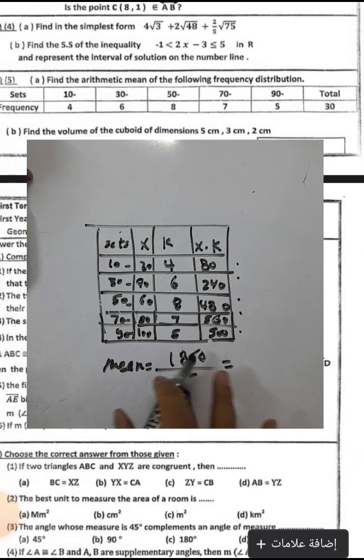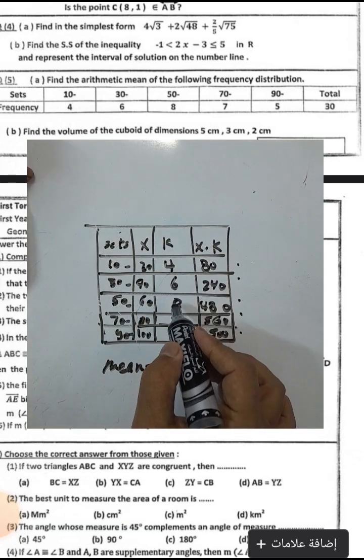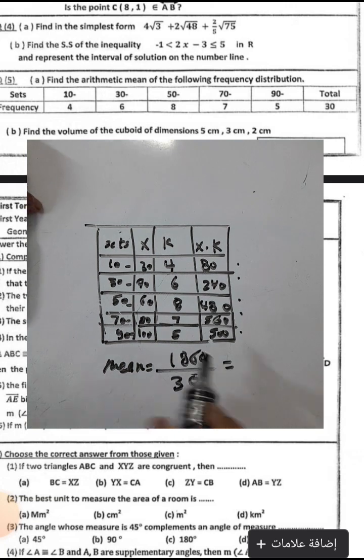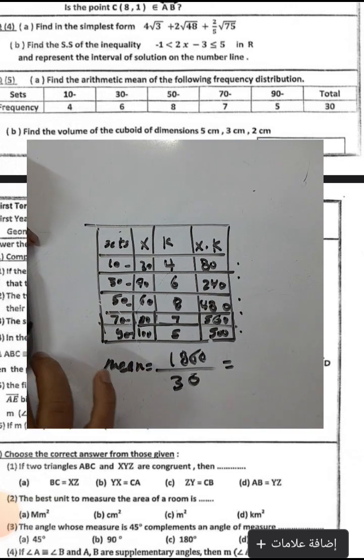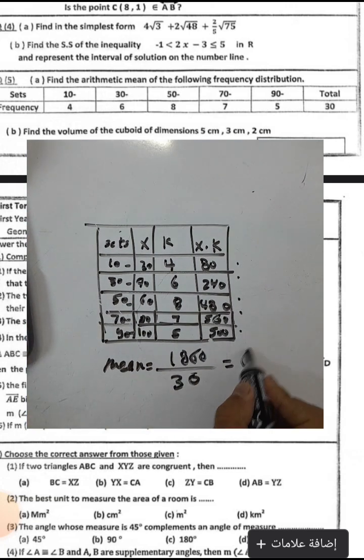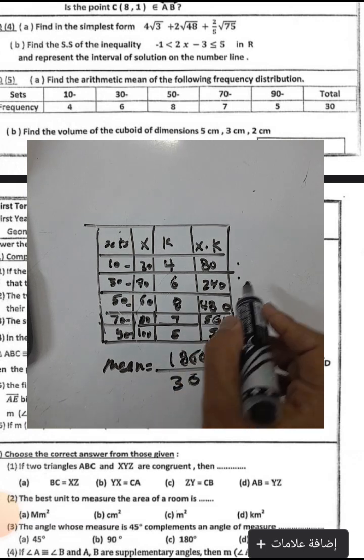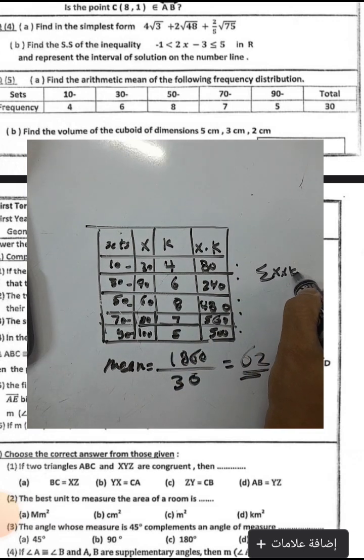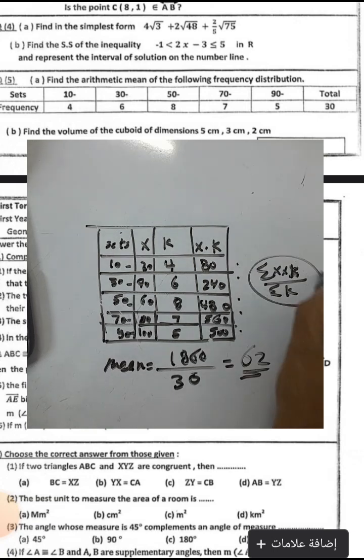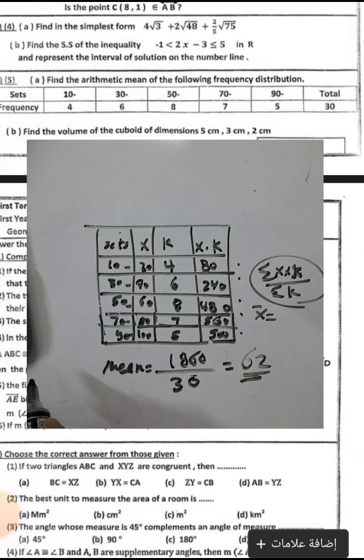The sum of k: 4 plus 6 plus 8 plus 7 plus 5, we have the total here 30. The division will be 62. Okay, the sum of x times k over the sum of k, it means x bar, the mean.